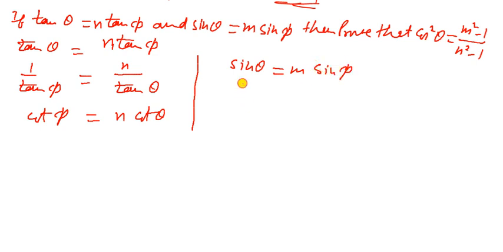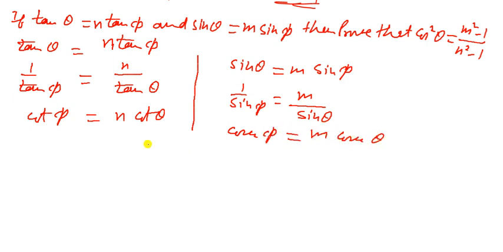And in the second case, this one is sin theta. Similarly, we can do this. It is m sin phi. So change here, 1 upon sin phi is equal to m upon sin theta. So what will happen? It is cosec phi is equal to m cosec theta.